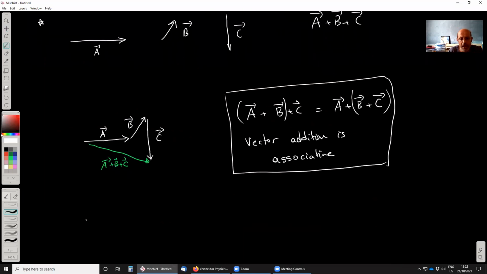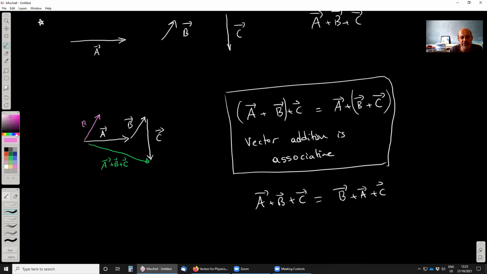So as a result, A plus B plus C is the same thing as, for example, B plus A plus C. You can start the order in any way you want. So therefore, you can start with B. Let me use a different color in here, pink color, for example.